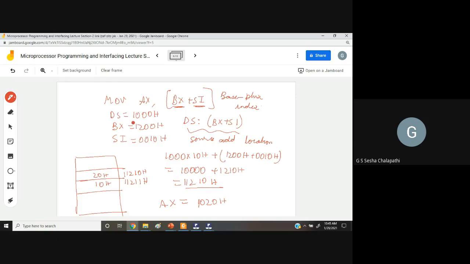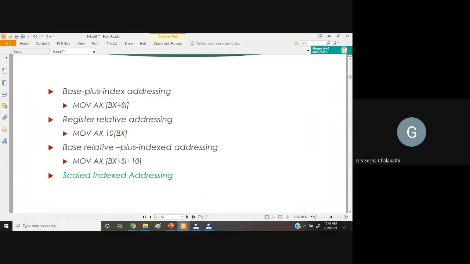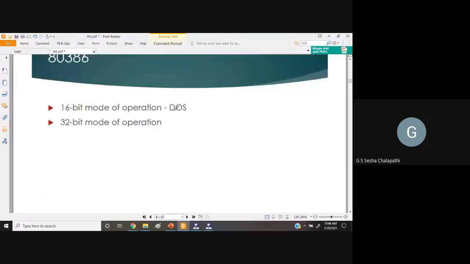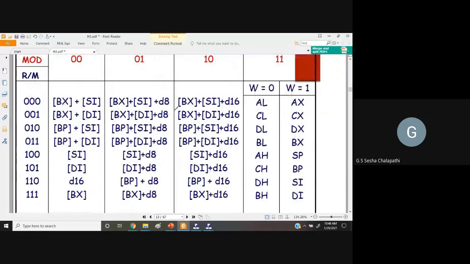Now apart from BX plus SI, there are certain other combinations which are possible. For example, you have BP plus SI. Let us take this example.